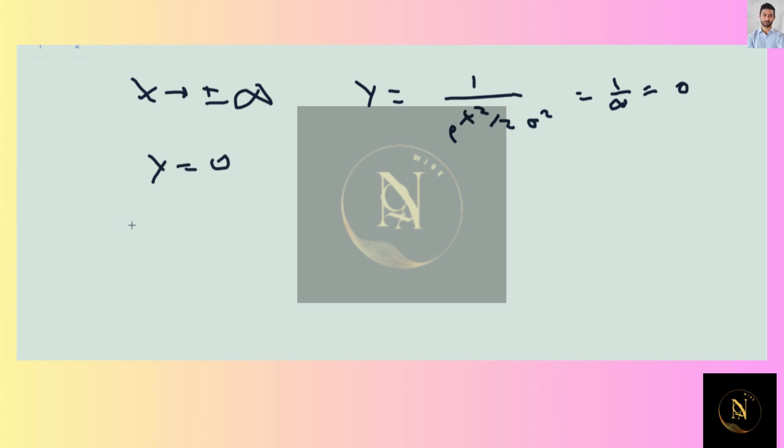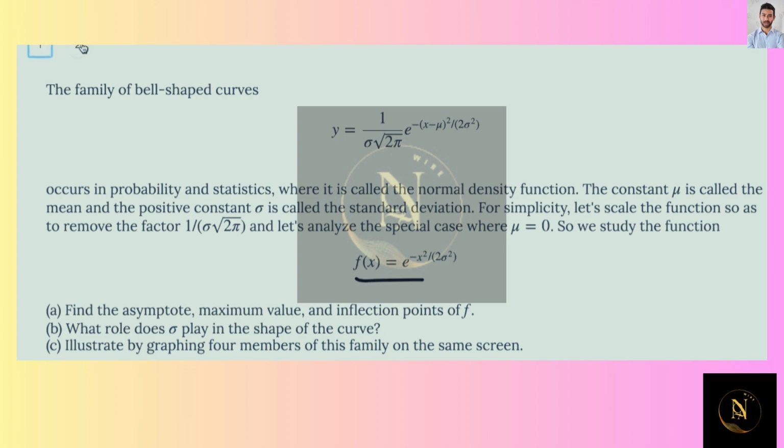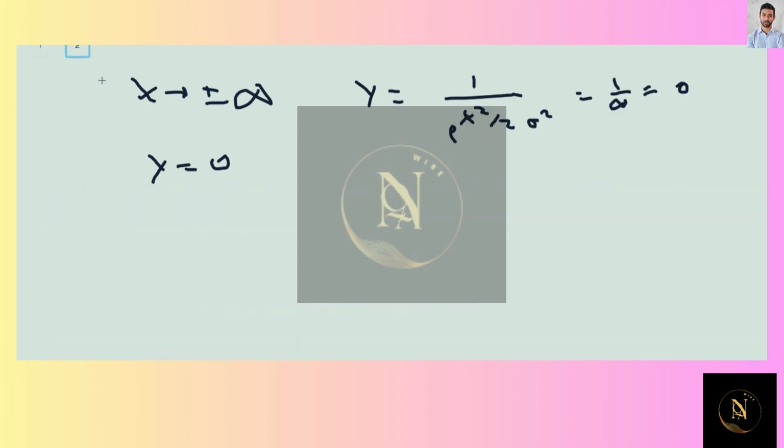Then we're asked to find the maximum value, which means taking the first derivative. We get f prime of x equals minus e to the negative x squared over 2 sigma squared times 2x over 2 sigma squared.